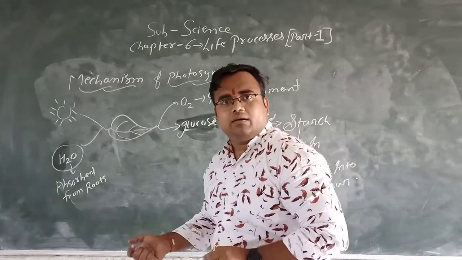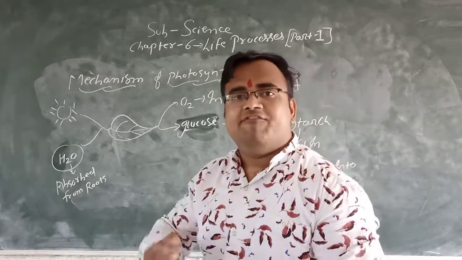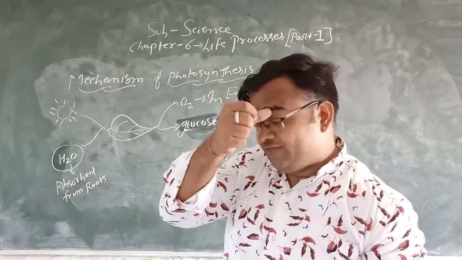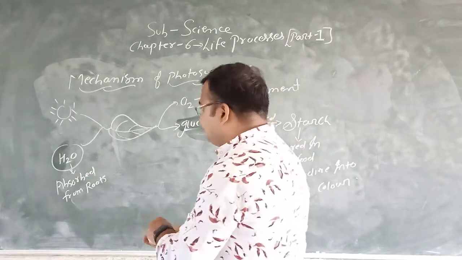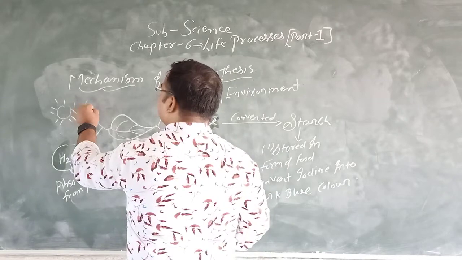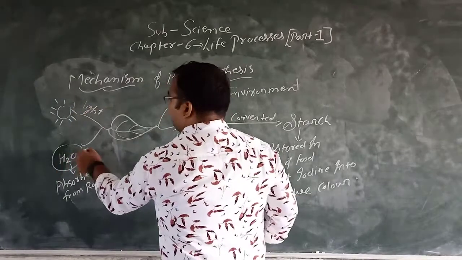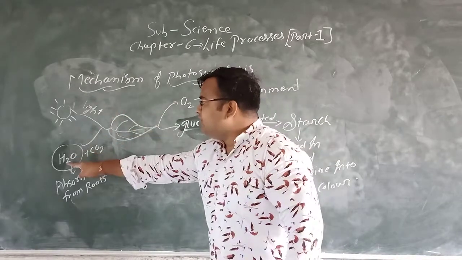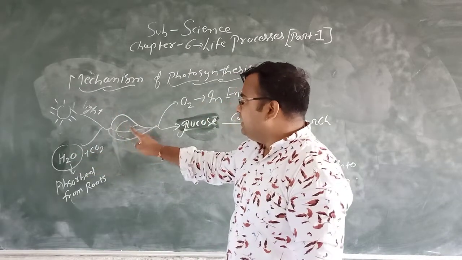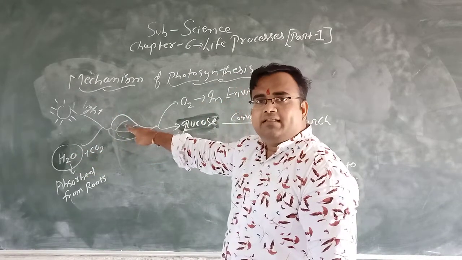So this is the simple diagram by which we can understand the process of photosynthesis. See, sunlight and water plus CO2 are absorbed by the leaves.